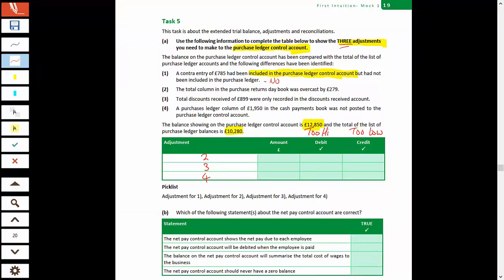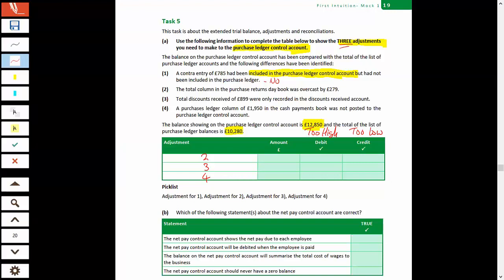So this is why it's important we identify what account we're working in, because if we get this in the wrong account, it's going to cause a lot of issues. So just to emphasize, any entries that are going to go on the credit side mean that originally the amount in the purchase ledger control account would have been too low. Any on the debit side mean the amount would be too high.